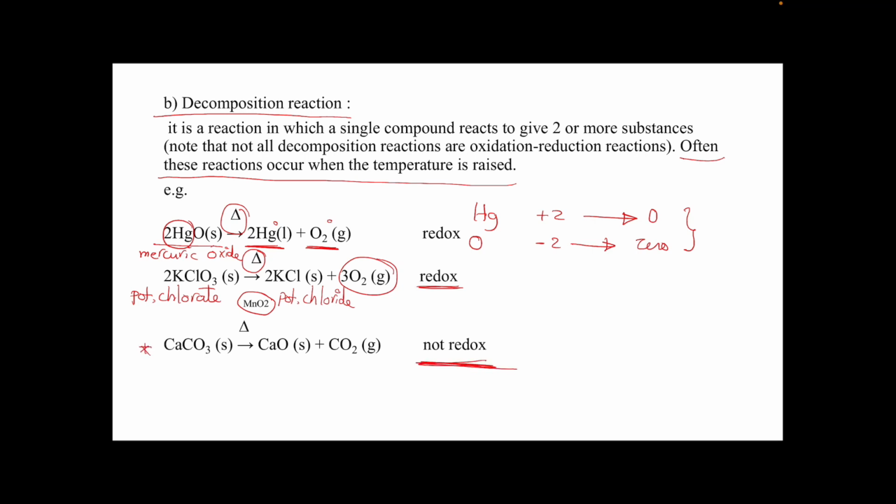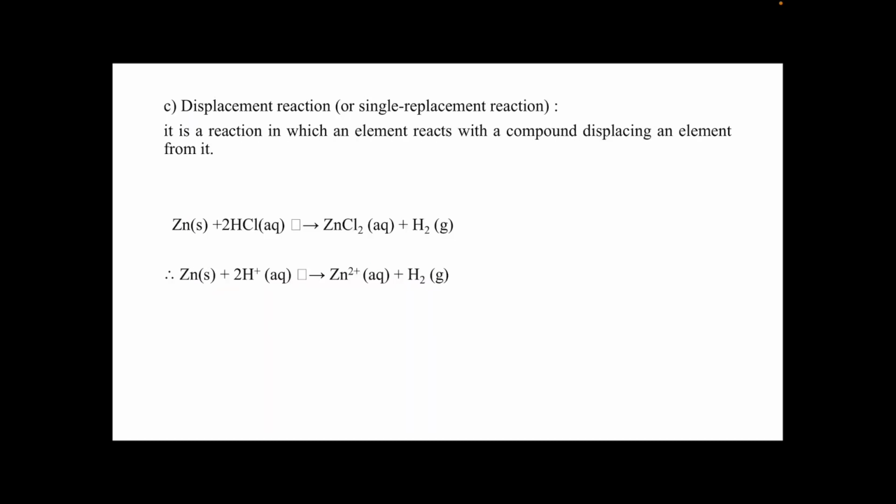This is also a redox reaction. The third example, which is not a redox reaction, is the decomposition of calcium carbonate into calcium oxide and carbon dioxide. This reaction is not a redox.